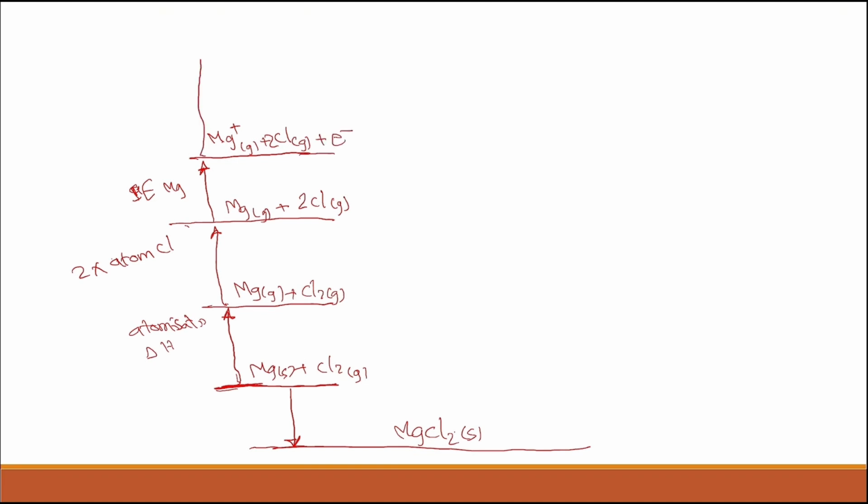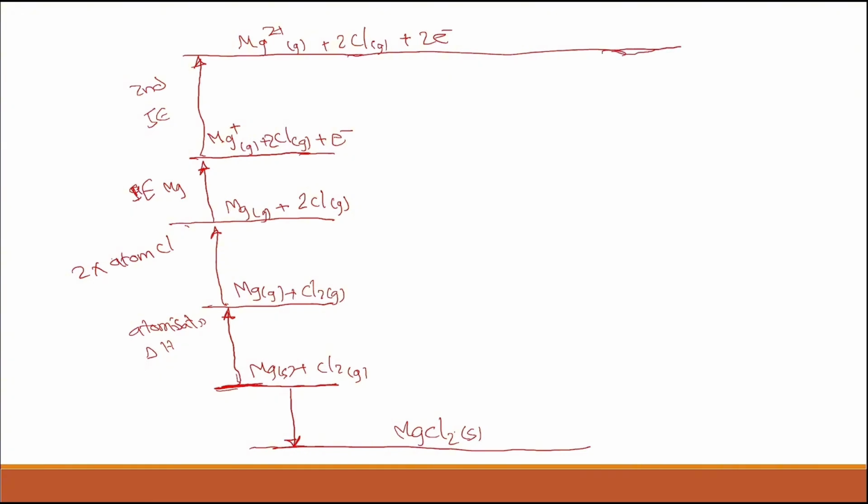Then we move on to the second ionization energy for magnesium, because magnesium has to be Mg2+, so that will give you Mg2+, gaseous, plus 2e-. Remember that we haven't done anything with the chlorine yet: 2 atoms of chlorine plus 2 electrons now.